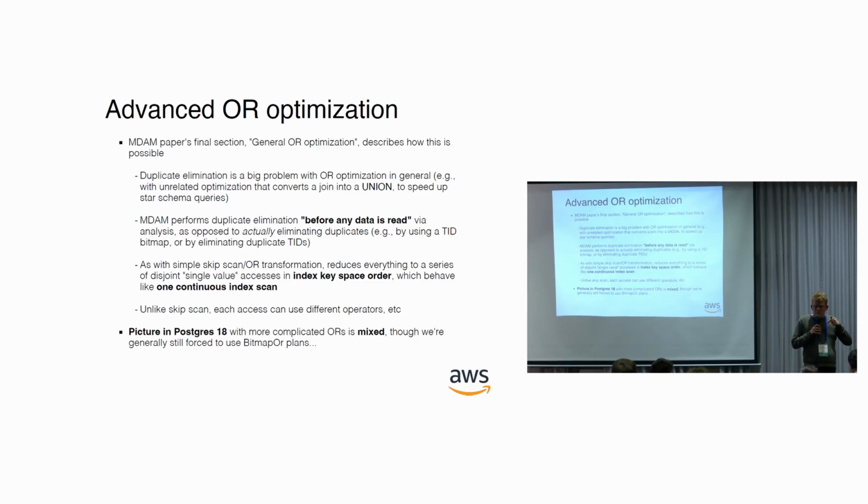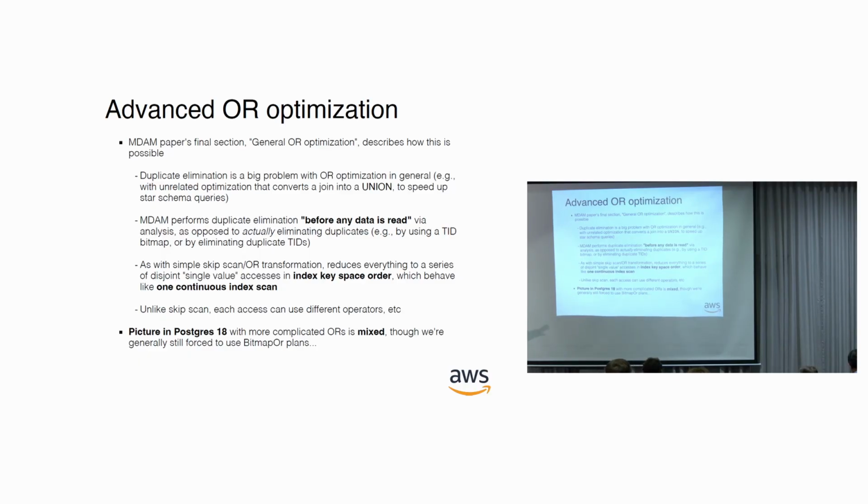If, for example, there is a bitmap OR with two bitmap index scans and they both return the same TID, it doesn't affect the correctness of the query. We'll still only return the TID once, because the attempt to set the bit a second time will just be a no-op effectively. So we're getting that for free.